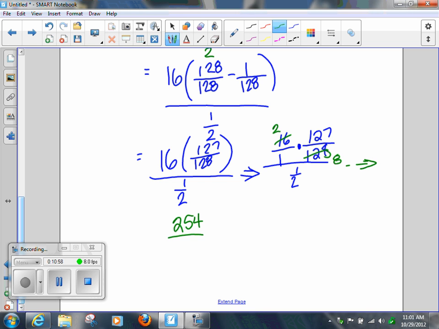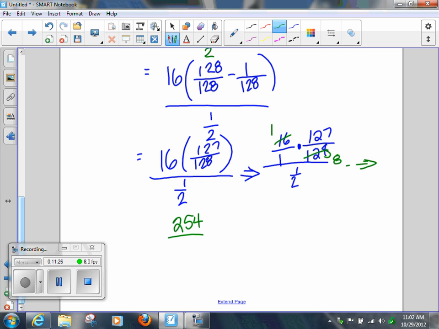Then put it in the calculator. Okay. 2 goes into 16. 2. 16 goes into 128 8 times. Yeah. 16 goes into 16. So 16. Right? Is it right now?